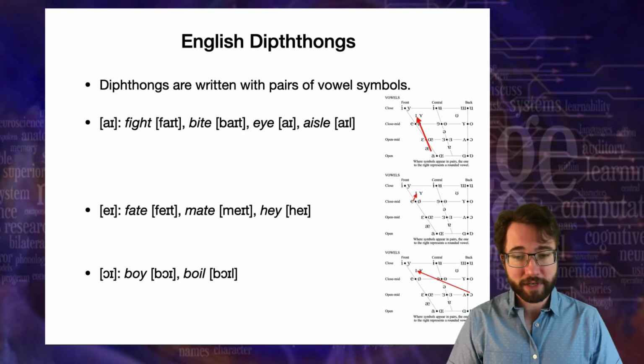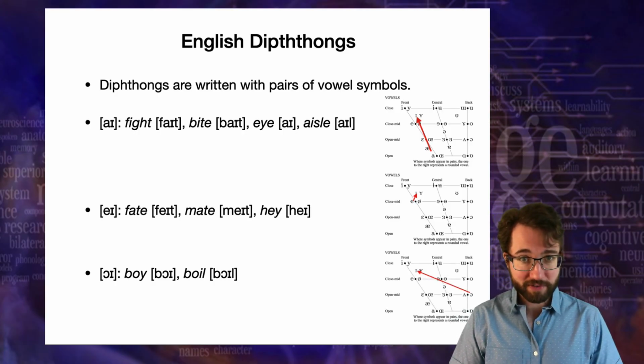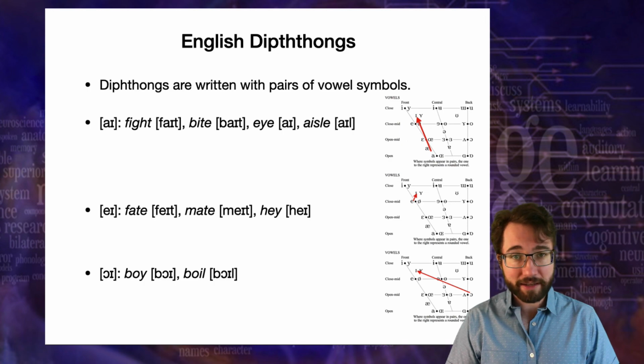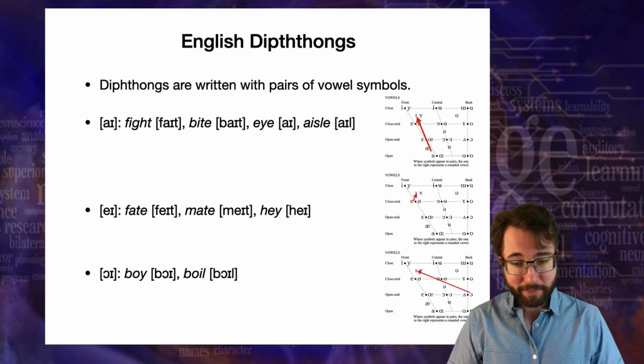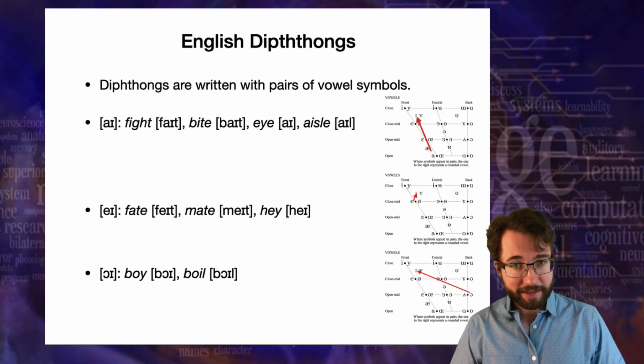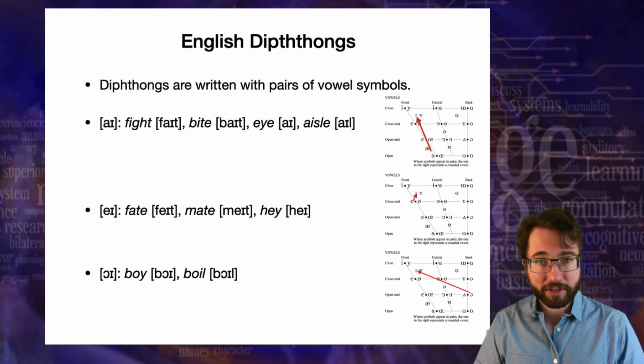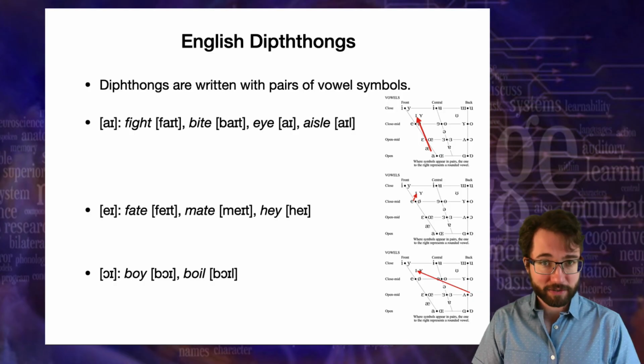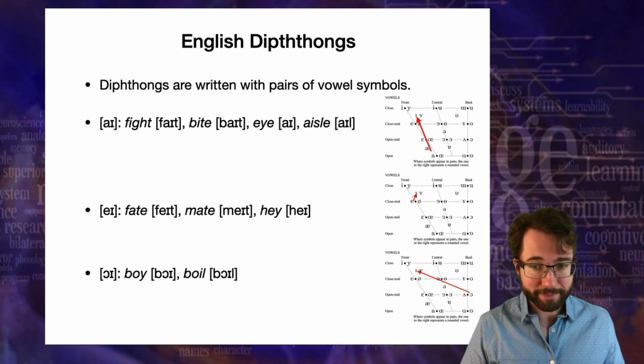You also have vowels that start at the back and move towards the front. So the oi in boy and boil starts with the mid-back rounded vowel, o, and it goes forward to the high front unrounded lax vowel I, and so you have oi from the back to the front, and also from mid to high.